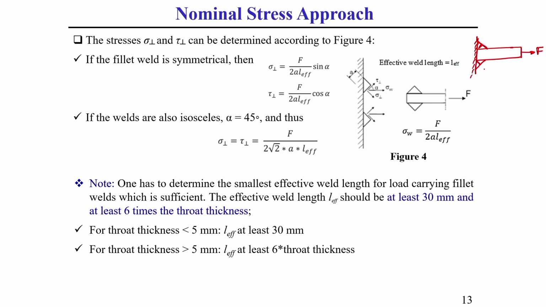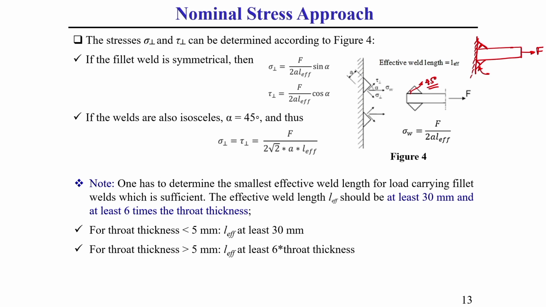Here let us consider this fillet is an isosceles triangle. In case of an isosceles triangle we know this throat generally makes an angle alpha with the horizontal axis, that is 45 degrees.